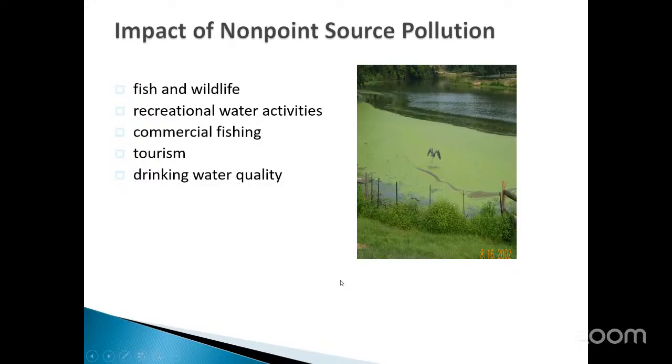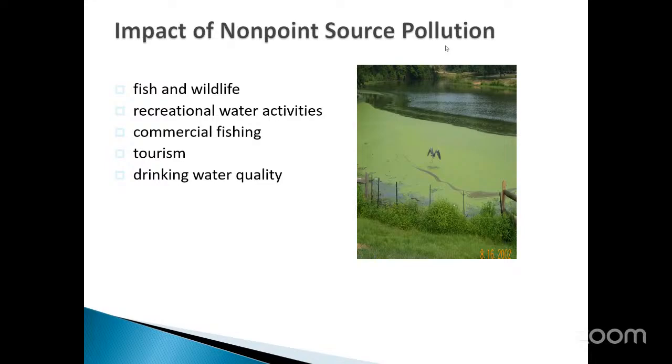Understood? So this is called chronic contamination, which happens slowly. Often, after many years, we can see this water body's condition.